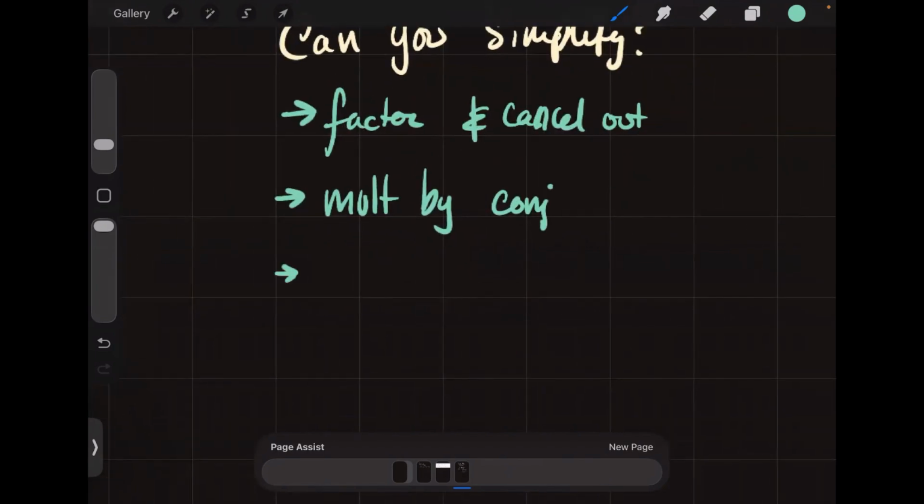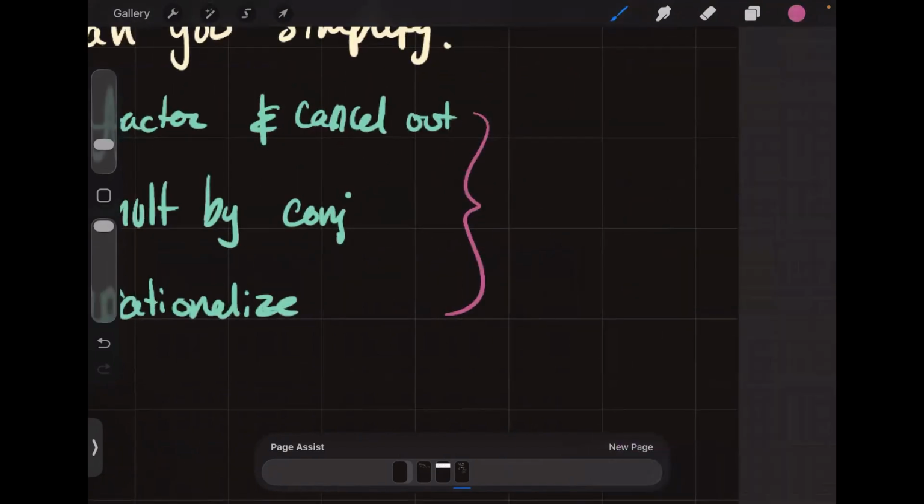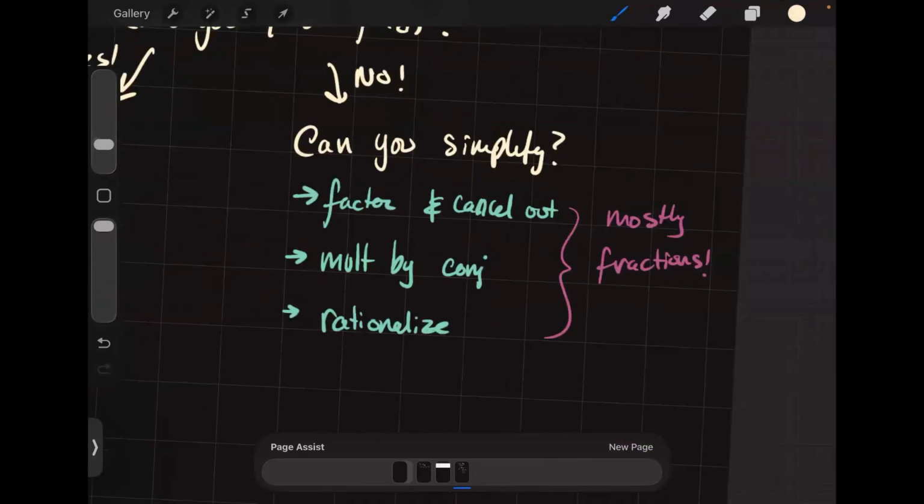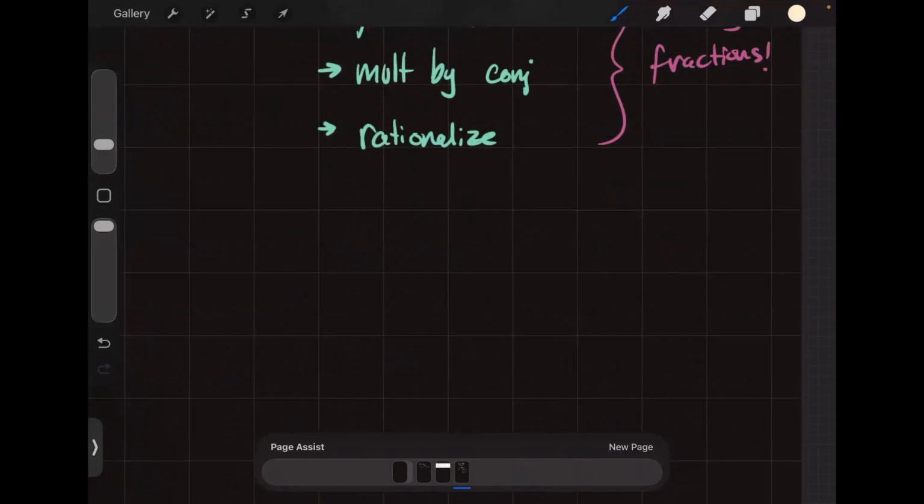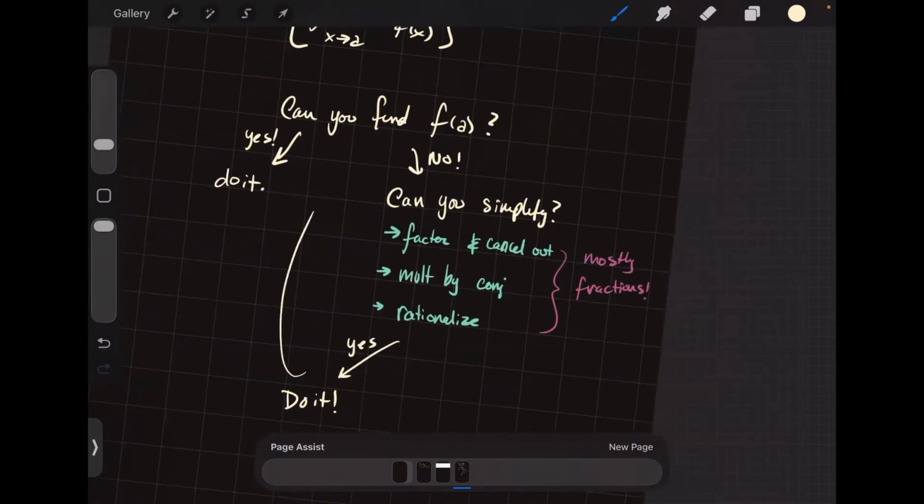Can you rationalize, especially denominators? This mostly deals with fractions. If yes, do it. And then you're going to loop back up here.